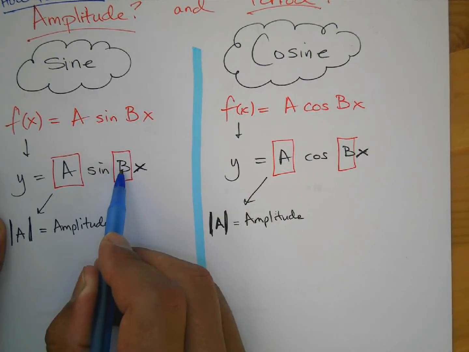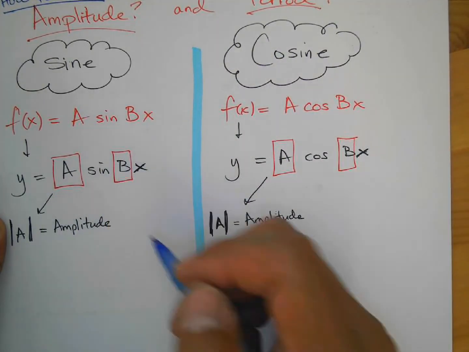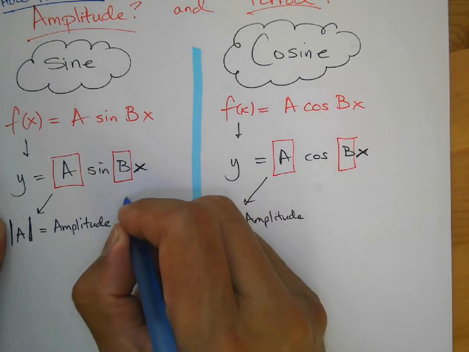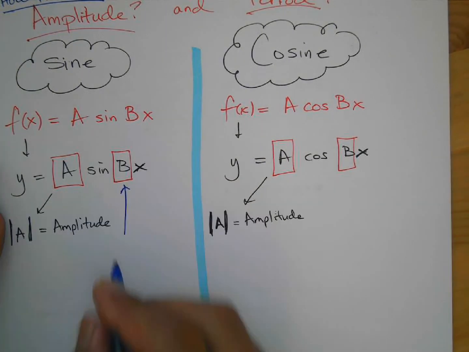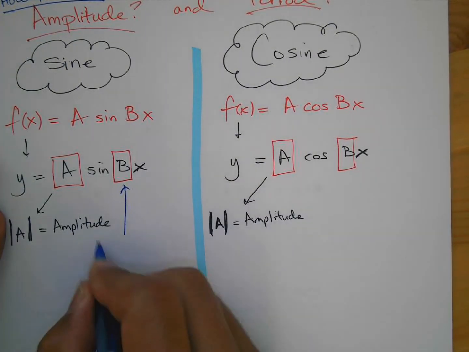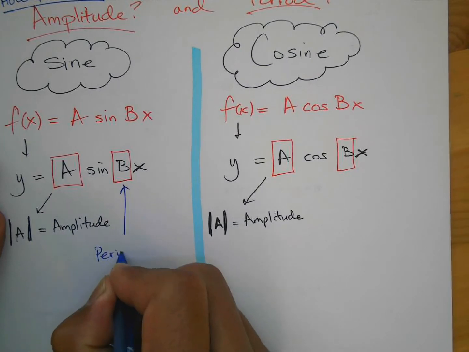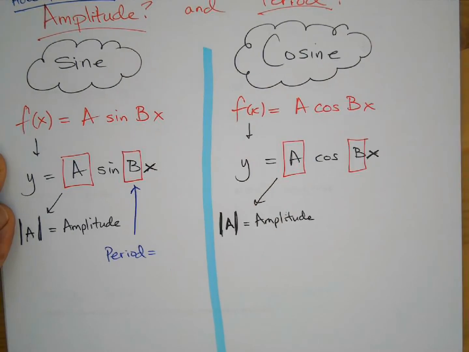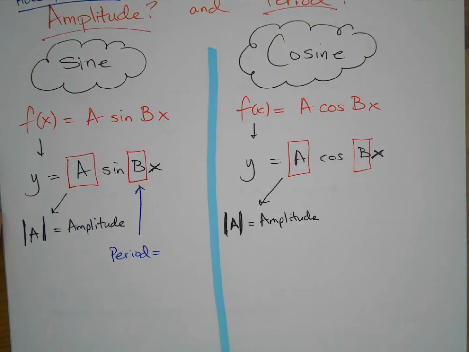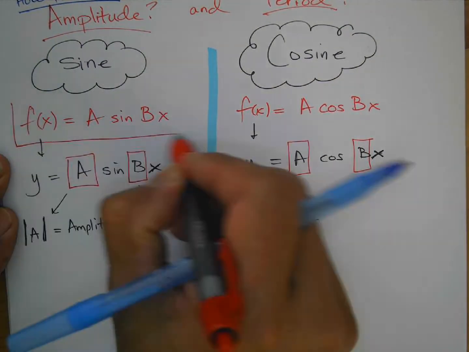This value that you're going to see here is not your period, but you're going to need it to get the period. So there's a quick little formula to find the period for any of these curves that you're graphing. All right, let me box this.